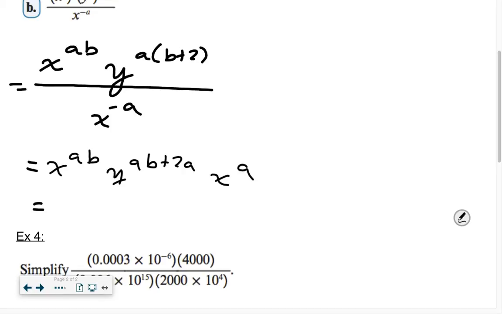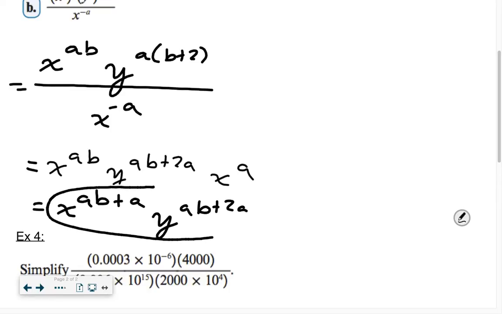X's are common bases, so we can add those together. AB plus A, Y, AB plus 2A. These two are not like terms, these two are not like terms, so you cannot add those together. This is all we can do.